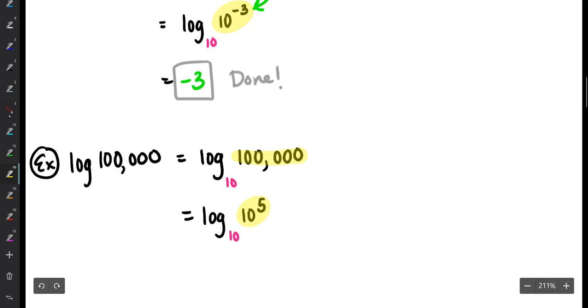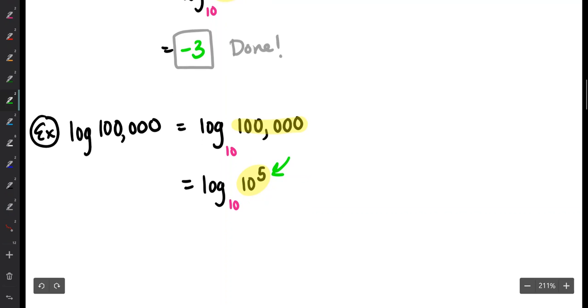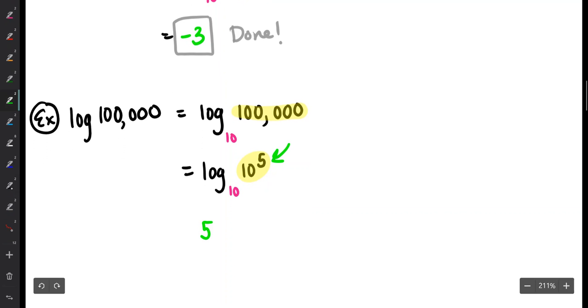Yeah. Log base 10 is taking in a perfect power of 10. All it's going to do is spit out the exponent. Answer, 5. The equivalent exponential statement is 10 to the 5th is 100,000.